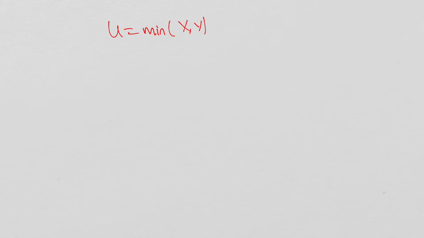So now we can write the probability that the minimum of x and y is smaller than or equal to u.